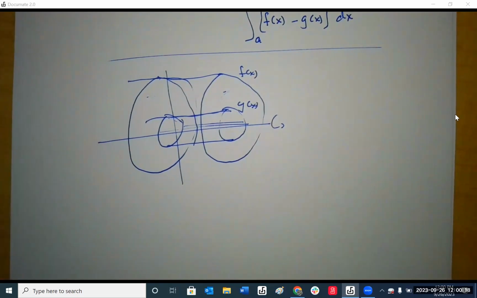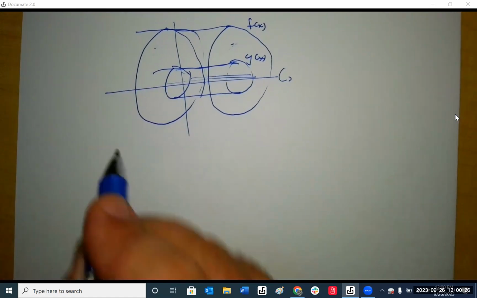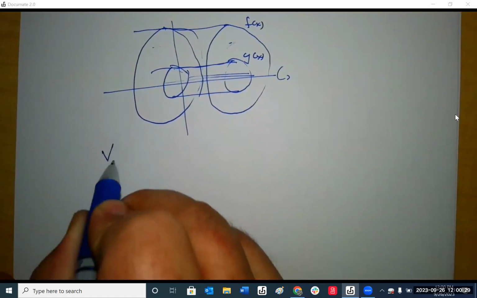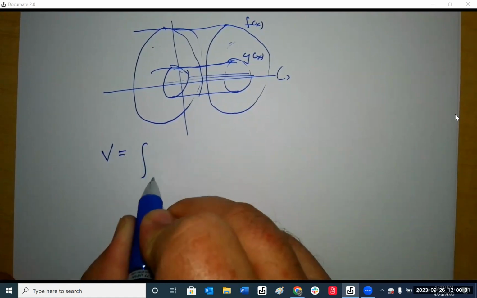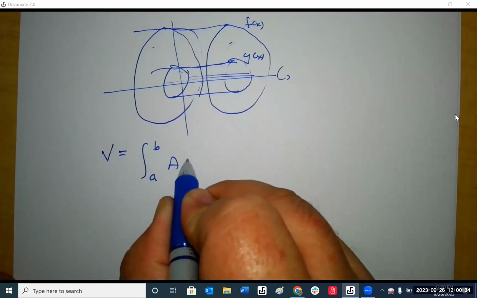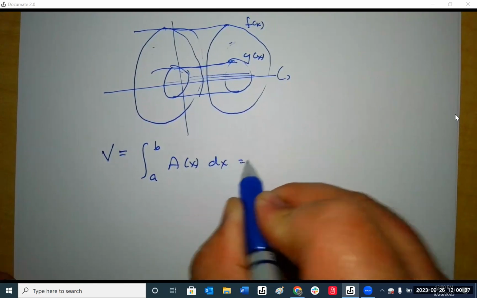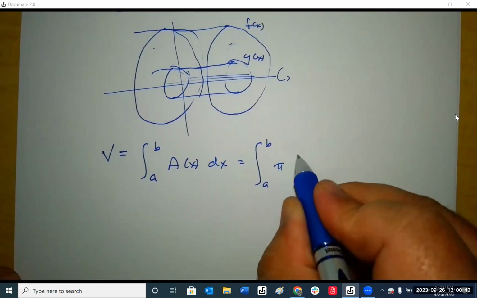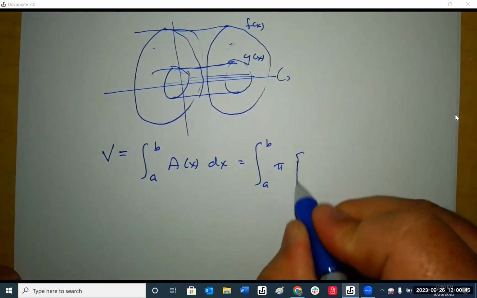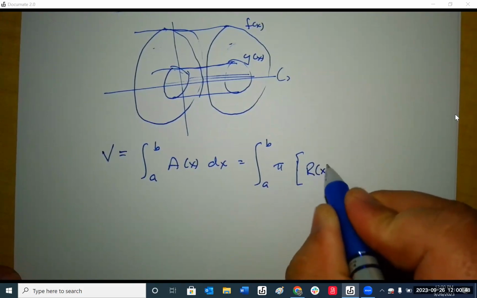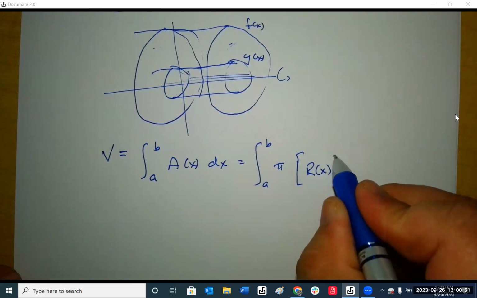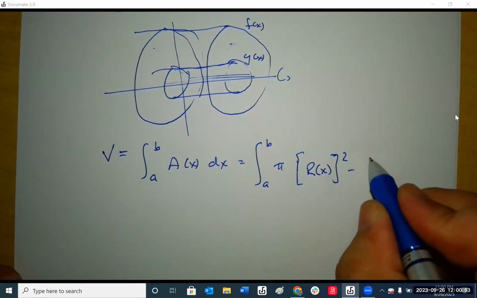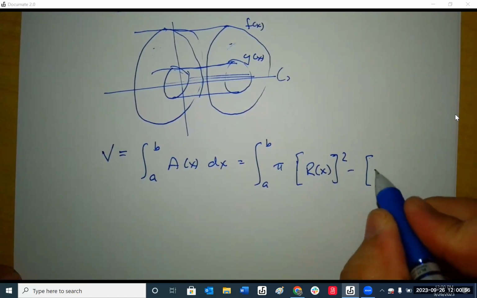Let's look at the example here. Well, let me first give you the formula. The formula we're going to use for the washer method, going from a to b, is that the area is now going to be the larger outside one minus the inside one.